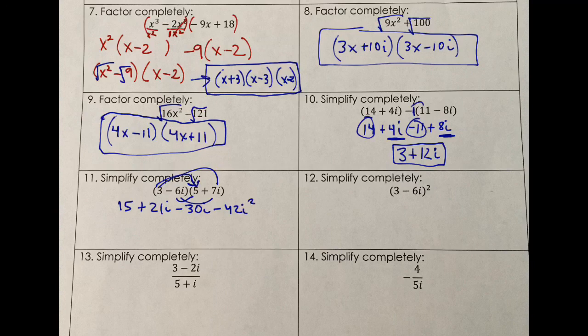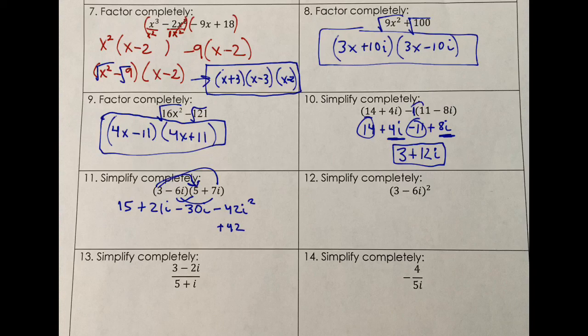Now we know that i squared means change this sign, change the number in front to a positive number, because i squared is the same thing as a -1. So -1 times -42 makes it a positive 42. So we're just changing the sign. Then we combine like terms.